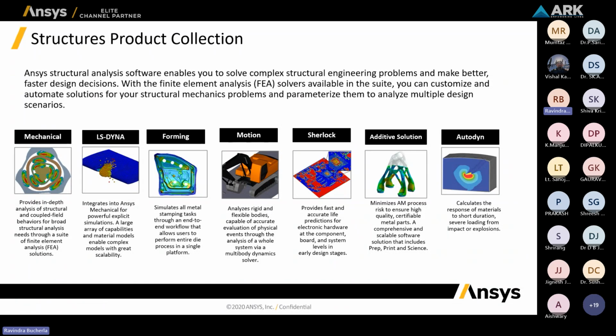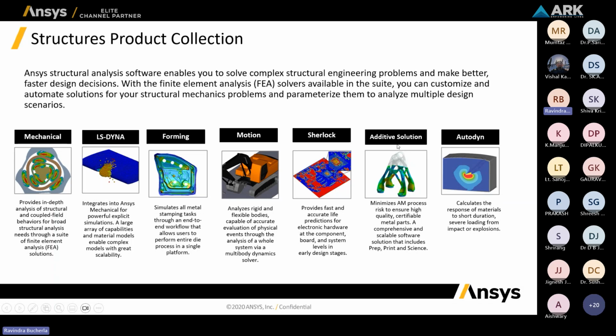If you want to design any PCBs or any electronic hardware, generally these electronic components will be having different types of mechanical loadings as well, like vibrations or thermal loadings. So what will be the effect on the components which are inside the PCBs because of this? We will be analyzing, and we will be improving the life of these components.